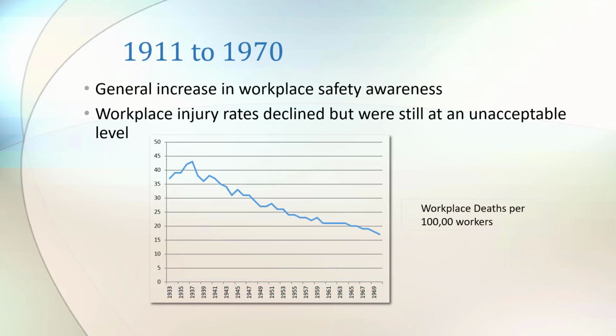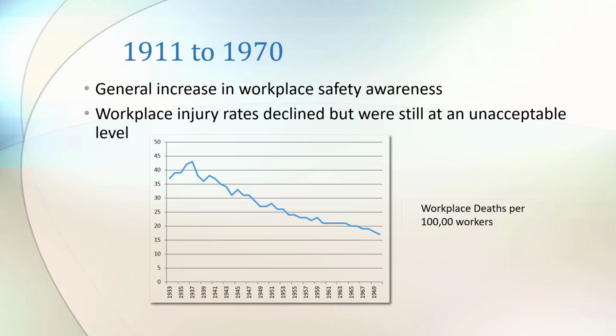So from 1911 to 1970, remember OSHA hasn't been created yet, but over this 60-year span, there's a general increase in workplace safety, and you can see by the chart the worker injury rate declines. Now, the chart, how you read this is a rate per 100,000 workers.